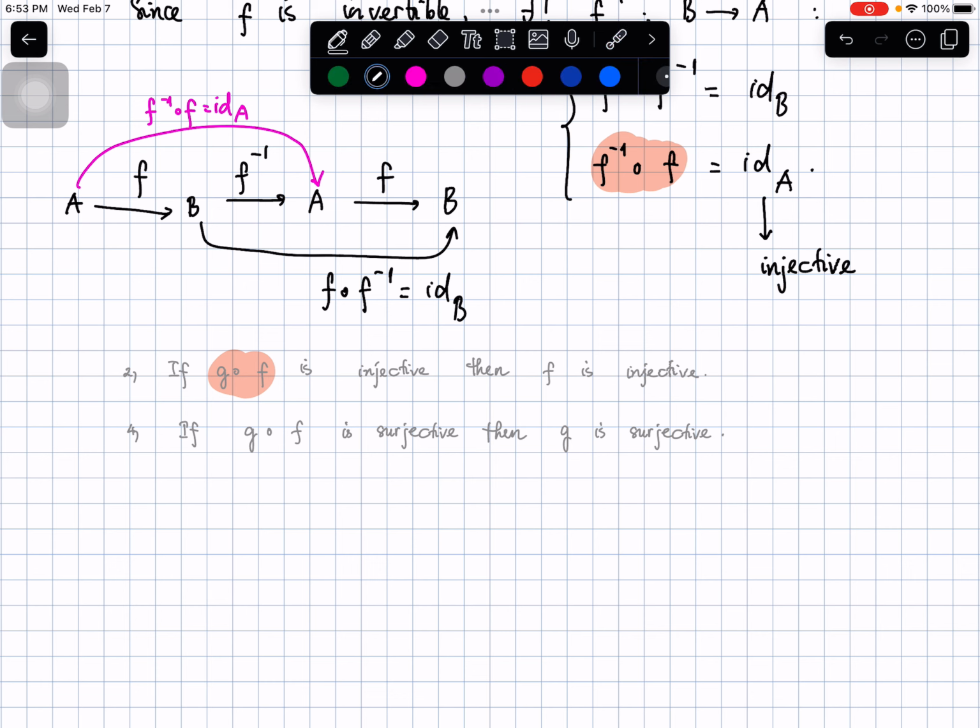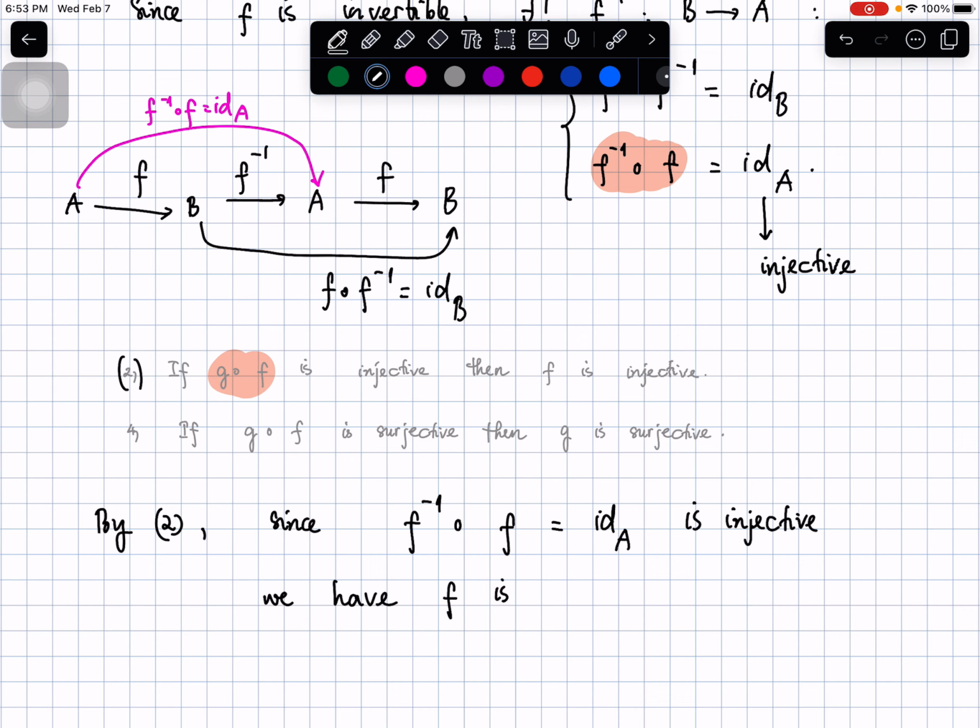So let's say by theorem 2: since f inverse composed with f, which equals the identity on A, is injective, we have f is injective.